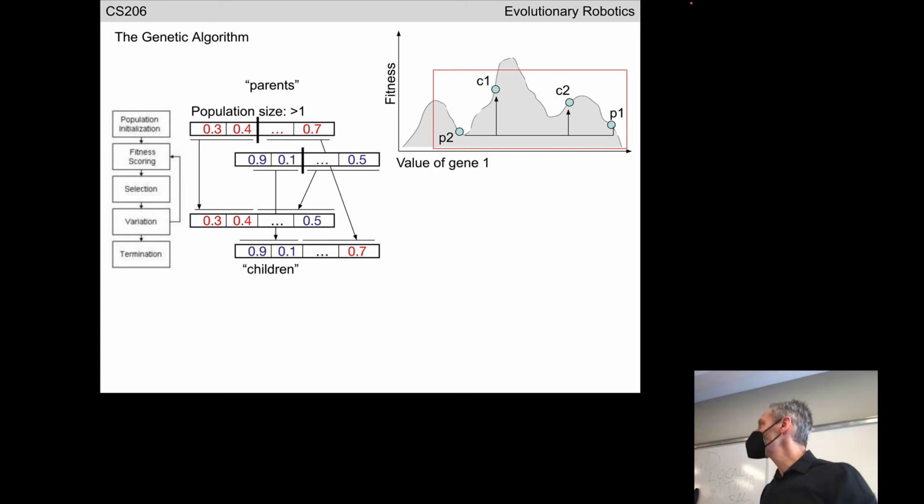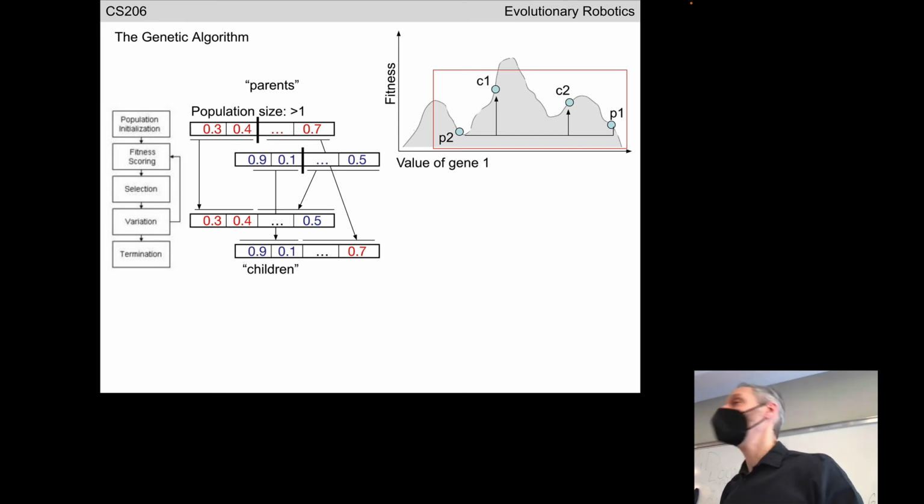In this cartoon example, we're assuming that C1 actually inherited the best of both worlds from its two parents. Just by chance, we happened to cut the parents in the right place, and we brought the partial solution from P1 and another part of the puzzle from P2, which placed C1 at a different place in the fitness landscape.